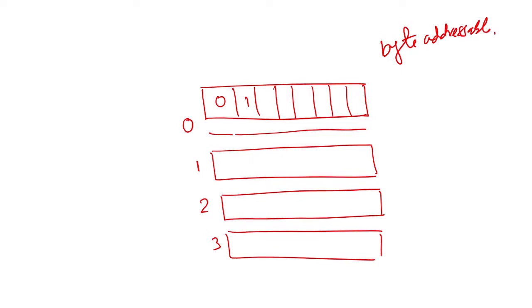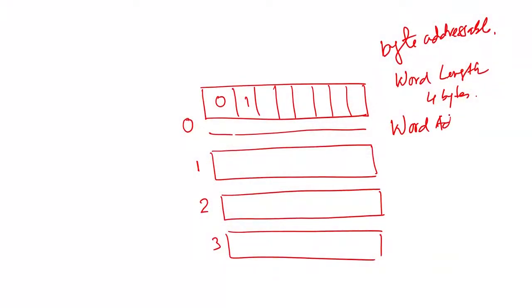Now, let us say the word length is 4 bytes. Then word addressable means that the first word will be in location 0.